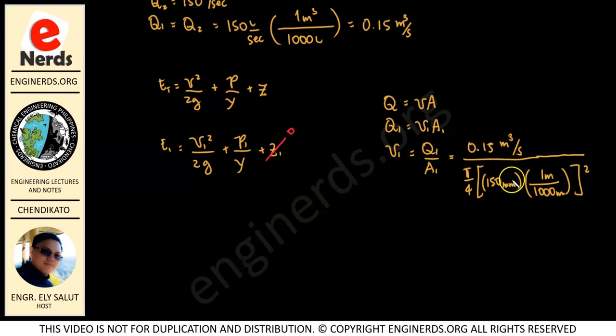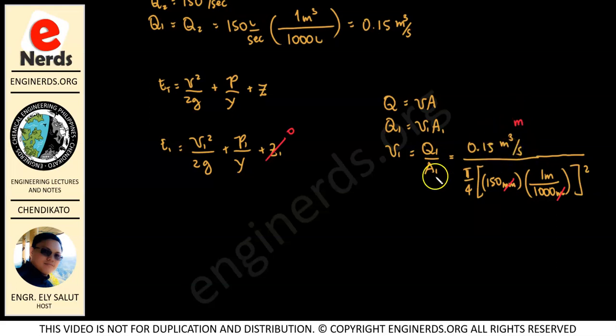We have here meter, millimeter which can be cancelled out. So we have square here. So therefore, our unit for denominator will be meter squared. But we have cubic meter here. So cubic meter divided by square meter, ang matitira sa atin dito is meters. Okay, so therefore, ang unit natin will be meters per second.